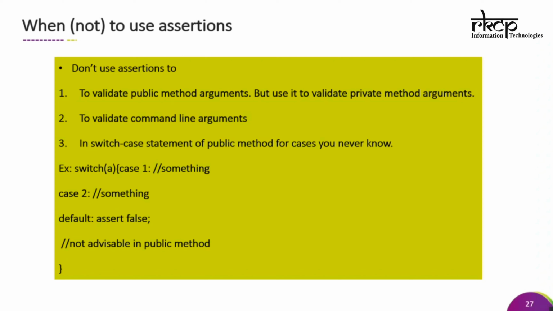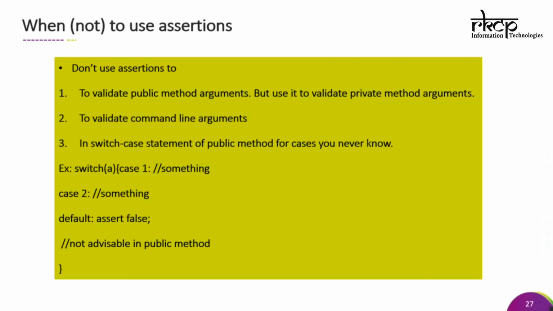You should not use assertion to validate public method arguments, but use it to validate private method arguments and command line arguments. In a switch case statement, for a public method, you never know the cases, so you should not use it here. This is a very restrictive thing, so keep it in your mind. As a fresher, you will generally use assertion in unit testing. Apart from unit testing, you will not use assertion anywhere in your real projects.